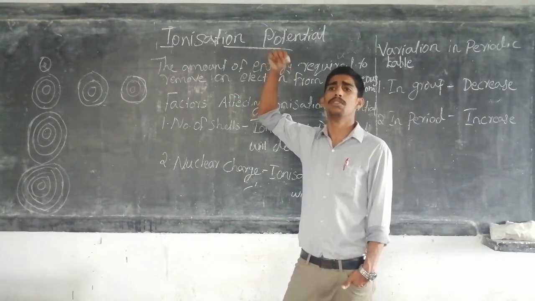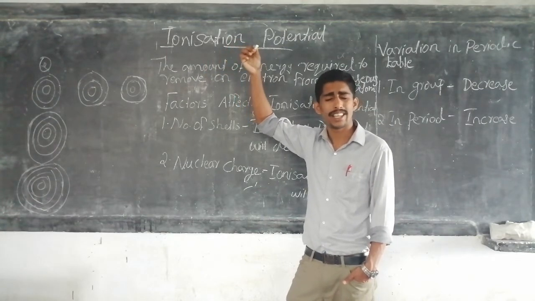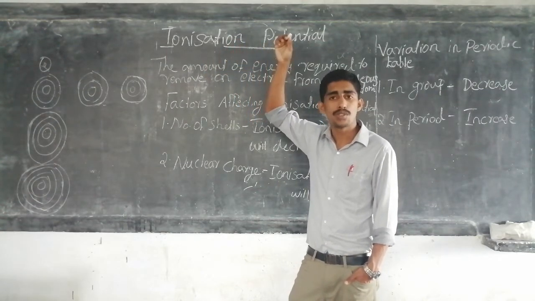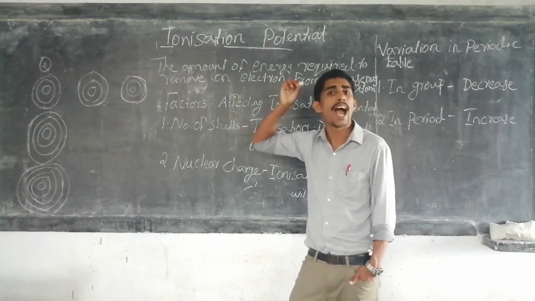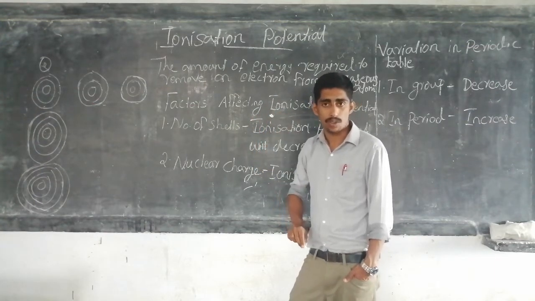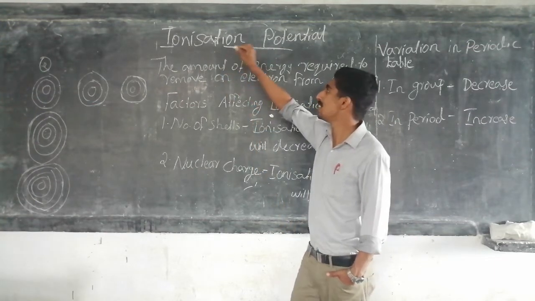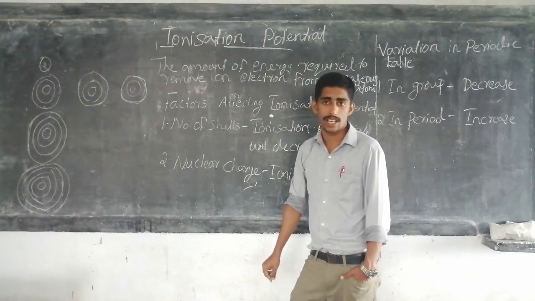Energy means in different forms: light energy, solar energy, chemical energy, heat energy, etc. So when we provide a sufficient amount of energy, atoms will release their electrons. That energy is known as ionization potential.